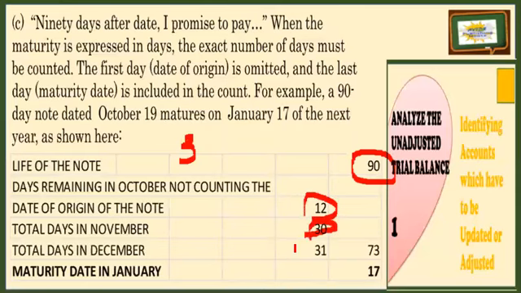How many days in December? 31. You total that, you have 73. 90 minus 73 leaves 17. So the origin of the note is October, then November, December, January. On January 17, it becomes mature.